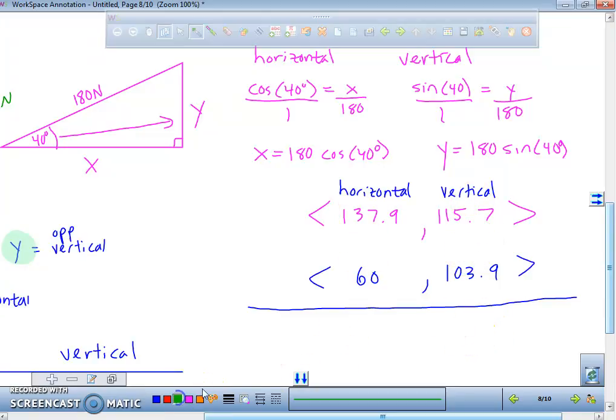We add these together, and this gives us our final result. We add these together, we get 197.9 right here. We add these together, you guys get 219.6.